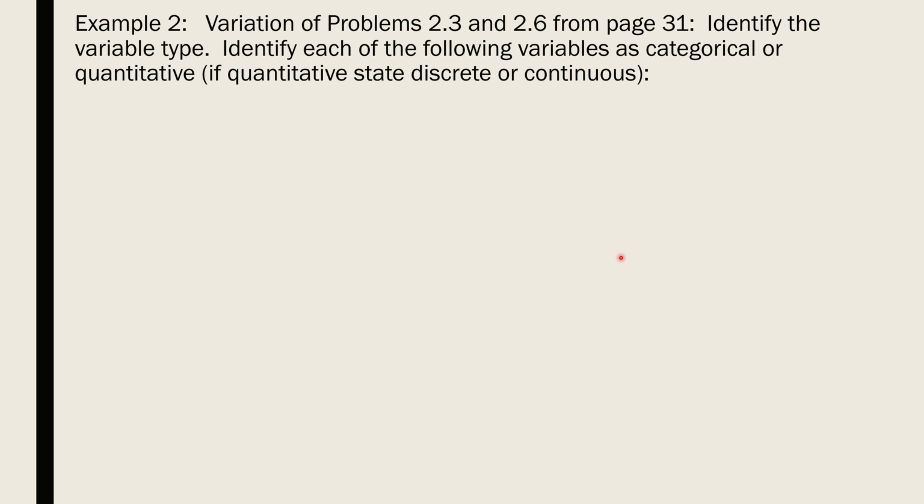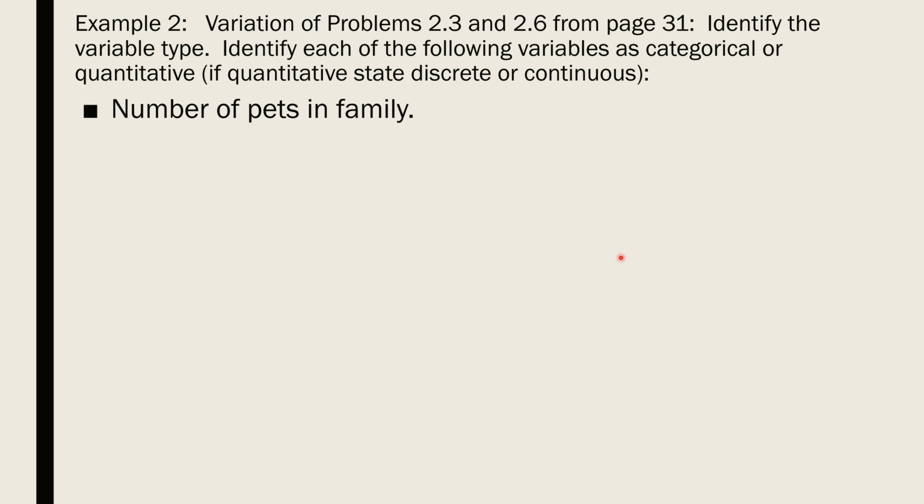Example 2. Identify the variable type. Identify each of the following variables as categorical or quantitative. If it is a quantitative variable, then state whether it is a discrete or continuous quantitative variable. First, number of pets in family.